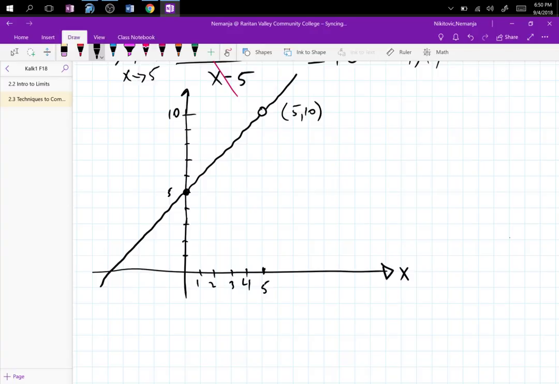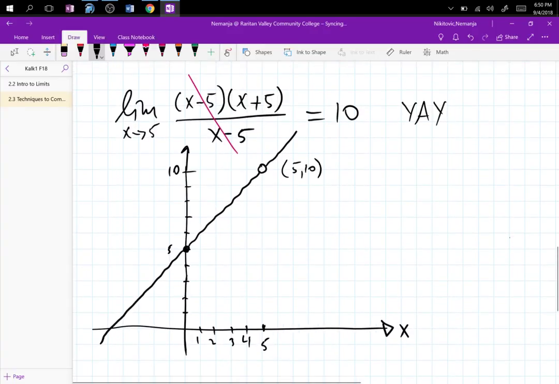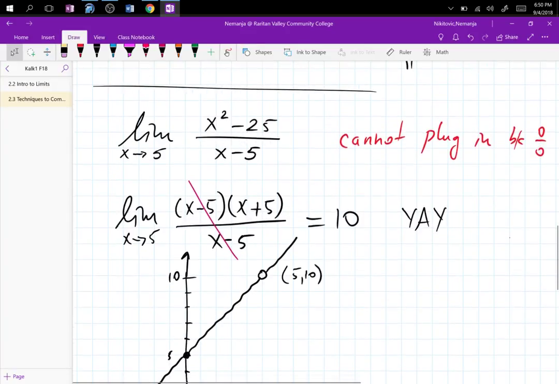So the function that you see is actually a linear function because the two linear terms canceled. And we have a linear function as the answer, but we have to leave an open circle at 5 because we cannot compute with 5.